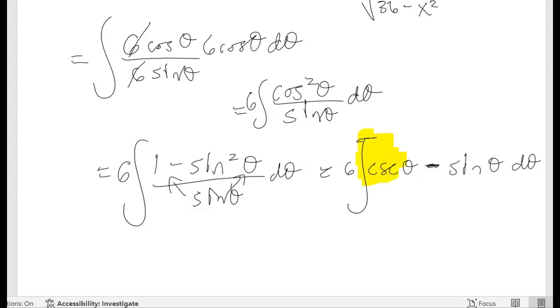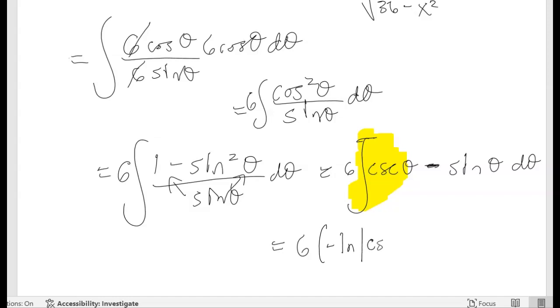This guy right here. Okay, and I think it should be the natural log of cosecant plus cotangent. You might want to double check on that. So maybe the unique part of this is that this one integral is not something that is very nice. I believe it's the negative, I should look this up. Check my work here.